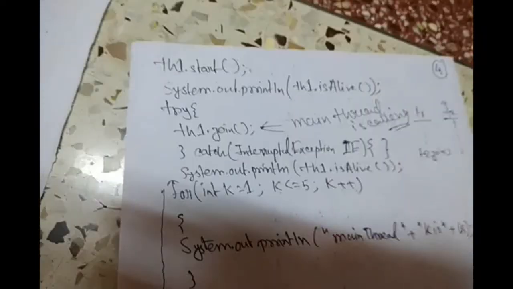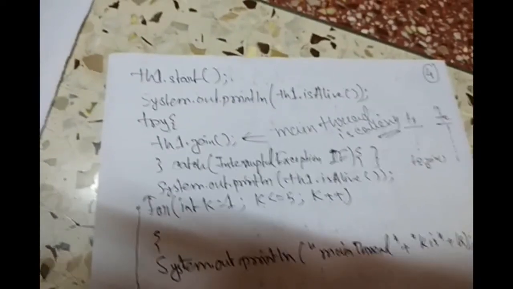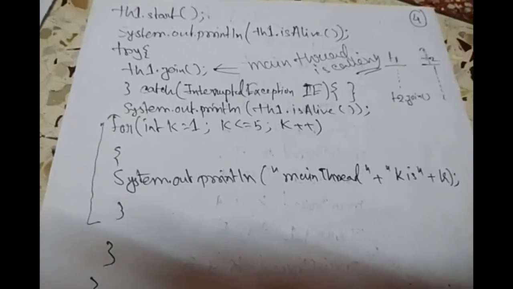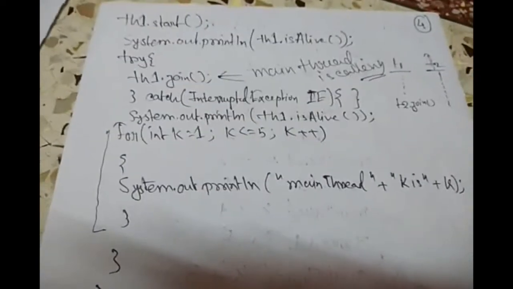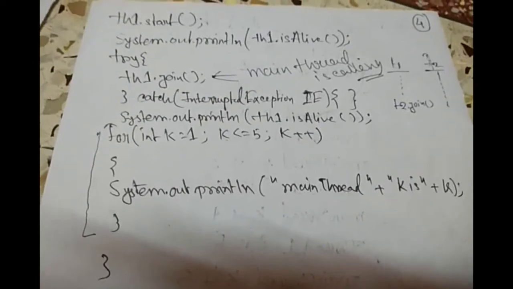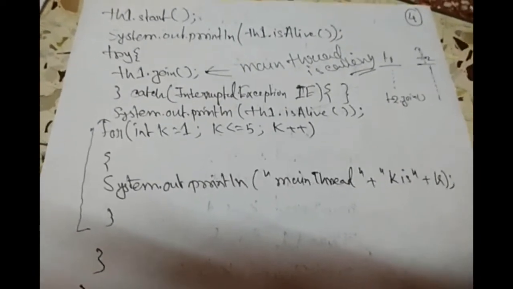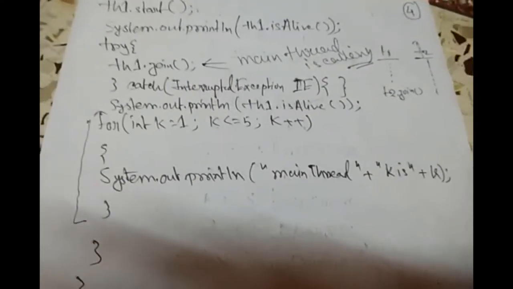Until and unless th1 completes its execution, the main thread is waiting for th1's completion of execution. So you can think of the output coming as per the values.